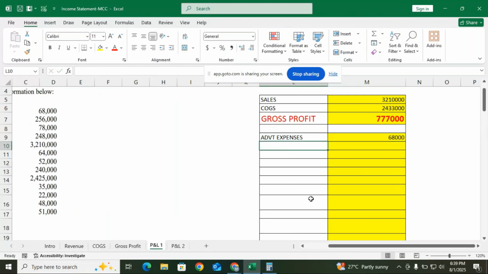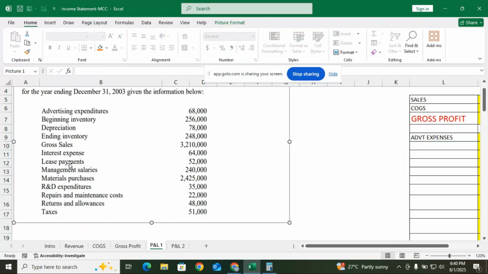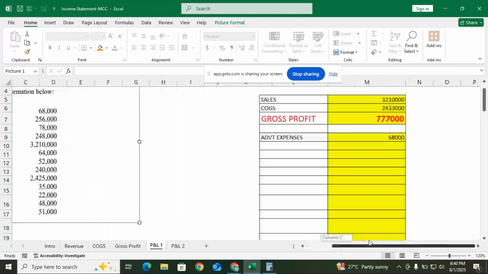Next. Okay, interest you're not supposed to take because interest, as I've told you, we are subtracting from the EBITDA along with depreciation. So we can consider lease payments, which is 52,000.